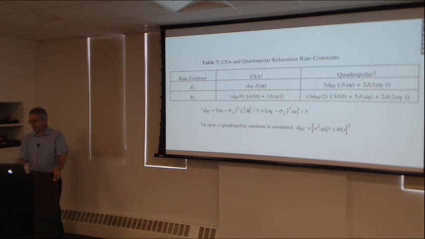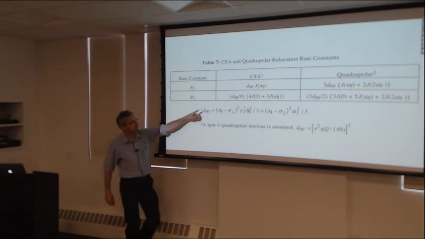And we can do the same thing for the CSA and for the quadrilateral. I think I mentioned early on when we did the adiabatic analysis that there was an extra contribution from the limited lifetime of the state in R2, and that could be shown for a two-level system to be equal to 1/2 of R1. And you see that here.